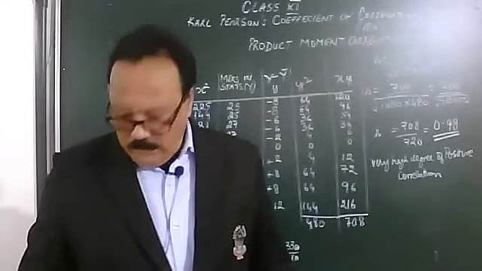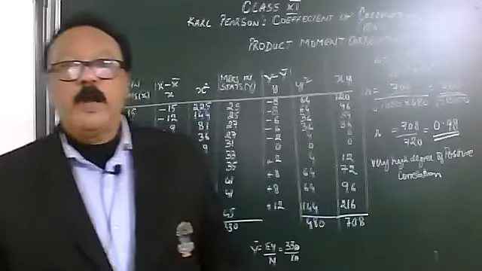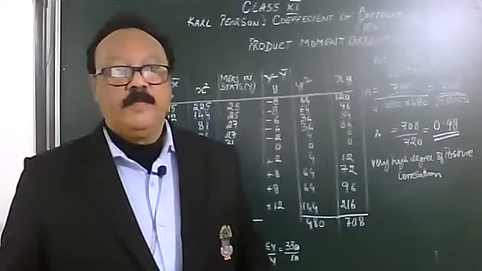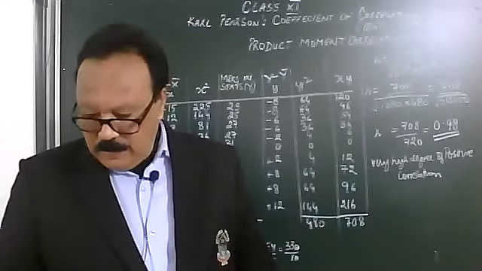Okay. You have 2 columns. One is birth rate, second is death rate.